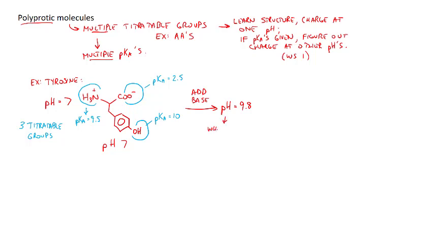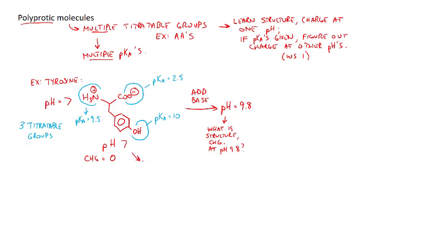So what is going to be the structure or charge at pH 9.8, the predominant structure or charge? Well, what's our charge at pH 7? Well, we've got a 1 plus charge right up here. We've got a 1 minus charge right there. So our charge is going to be 0. It's net neutral.